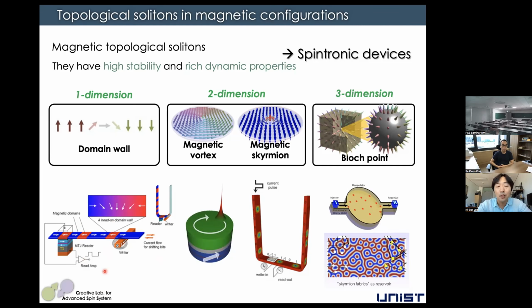Or you can generate very stable AC signals by using magnetic vortex gyration. Also, you can utilize magnetic skyrmions as a memory element, making similar racetrack memory structures. And you can also utilize magnetic skyrmions in neuromorphic systems, like stochastic computing or reservoir computing.